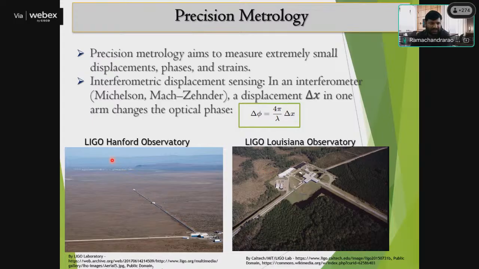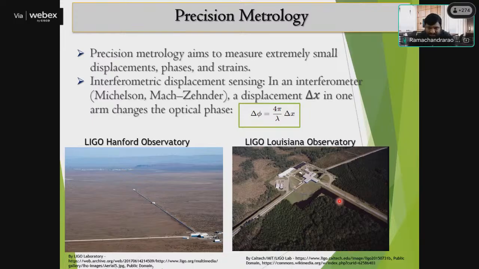In the case of the LIGO Hanford Observatory, this is how it looks, and also the LIGO Livingston Observatory. In this, people are trying to use quantum light. Previously they used a classical light source, but they had issues with shot noise and were not able to push the limits.